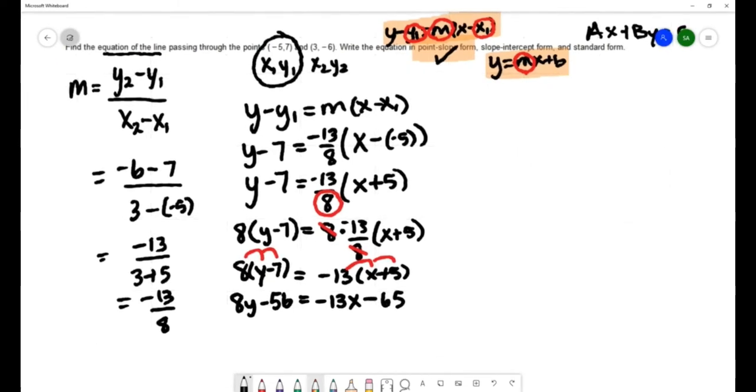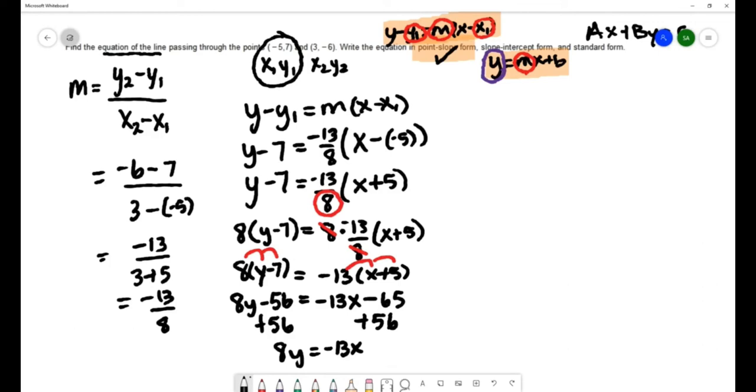So I just want to remind us what our goal is here. Our goal is to write y by itself on the left. So that's what I'm going to do now. I'm going to add 56 to both sides. That gives me 8y equals negative 13x, and we need to do negative 65 plus 56.